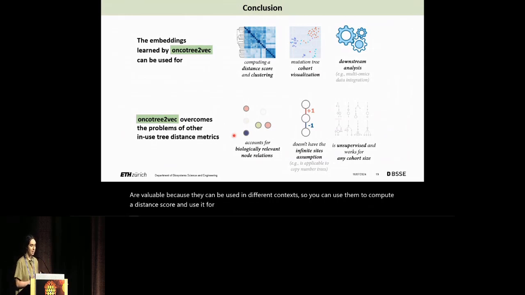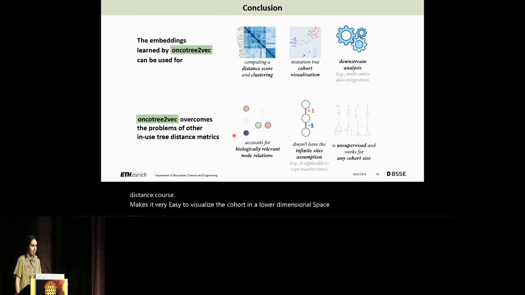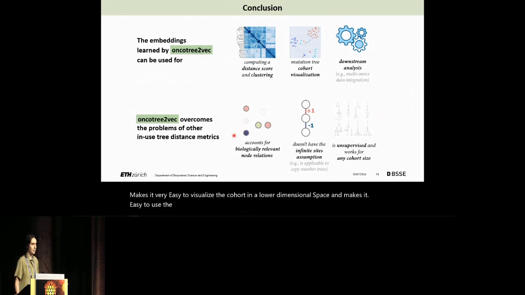Then having the embeddings rather than the distance scores makes it very easy to visualize the cohort in a lower dimensional space, and makes it easier to use the trees in a downstream analysis by using their embeddings. Also, oncotree2vec overcomes the problems of other in-use tree distance metrics.